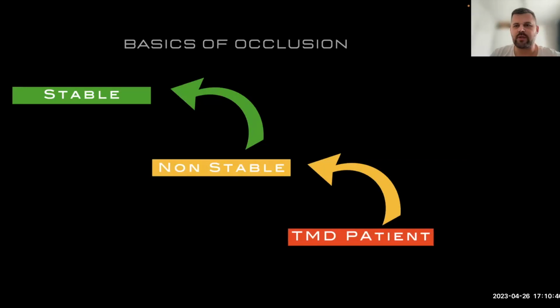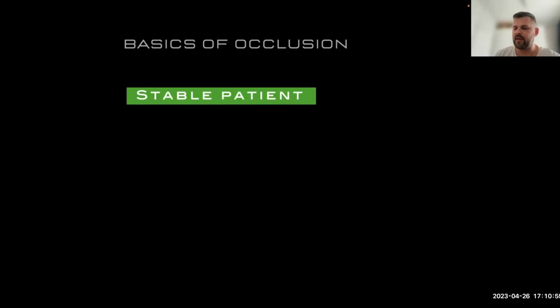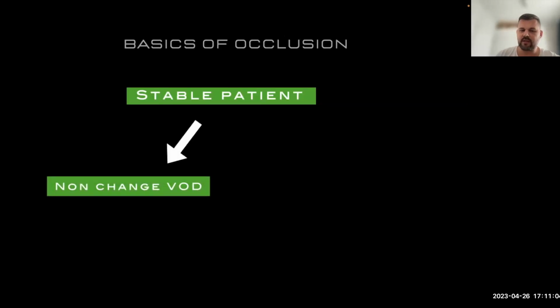Of course, you can choose your way. There's a lot of philosophy and a lot of tools on how to do this. But the most important thing is to change the patient into a stable patient, because then it's a simple way, and easier to find the answer to two questions: to change vertical dimension or not to change vertical dimension.